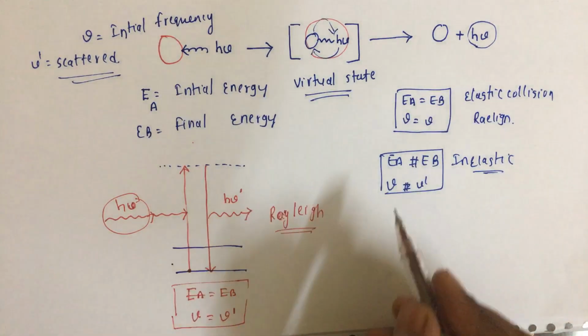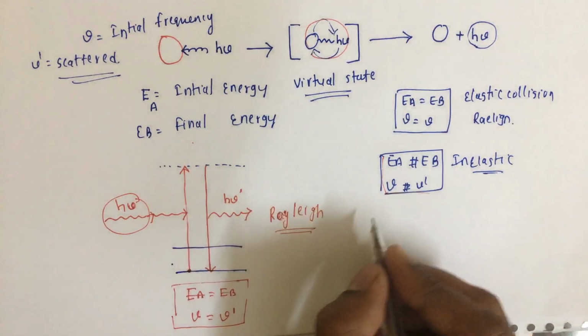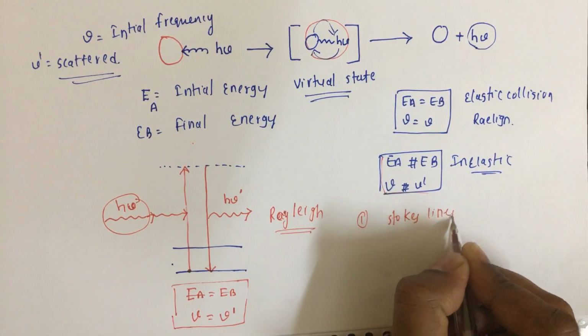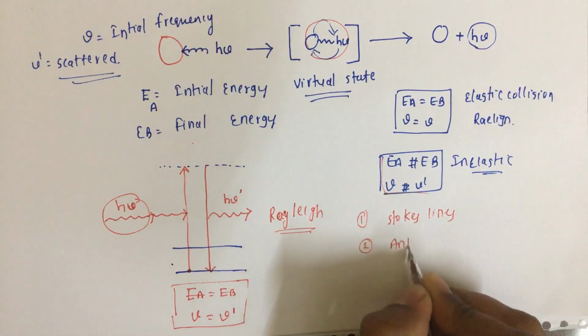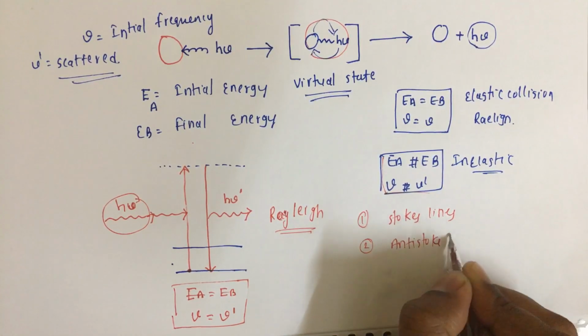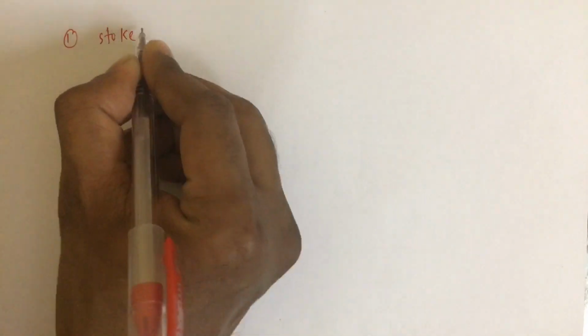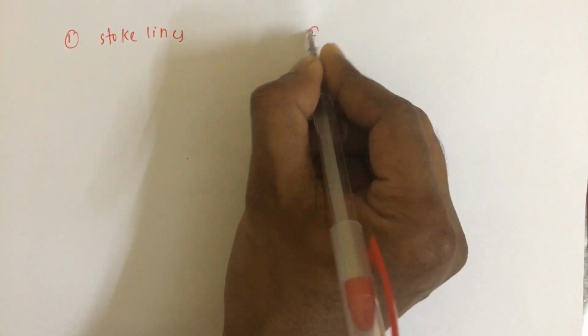For inelastic collision, this is the condition. Here we have Stokes lines and anti-Stokes lines. These are very, very important. First we will talk about Stokes lines, and here anti-Stokes lines.